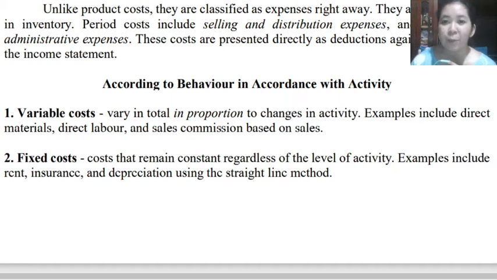Of course, if there is no production, no labor should be applied. Direct labor only. Another is sales commission based on sales. Meaning if there is no sales, there is no commission. This is the behavior of our variable cost. It will be incurred once an activity is performed. So if there is no activity, then no cost will be incurred.